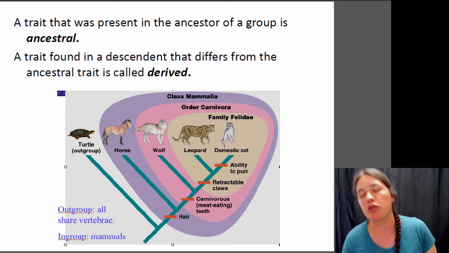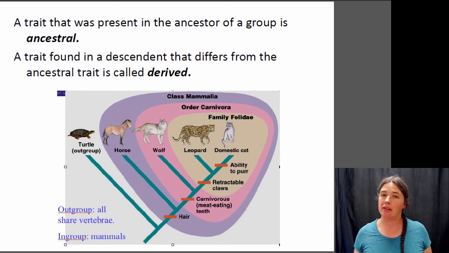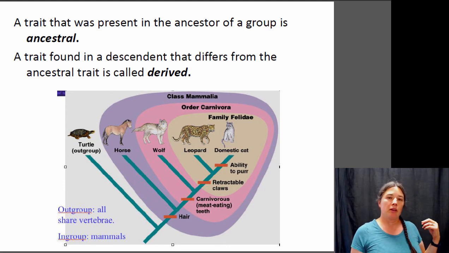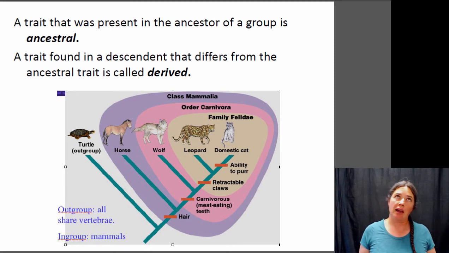So when you're making a tree, you want to look at the traits within the group that are going to help you to cluster them based on their relationships, okay? So generally, you consider that any trait that was present in the ancestor of the whole group, which a lot of times we assume that the outgroup has ancestral type traits.